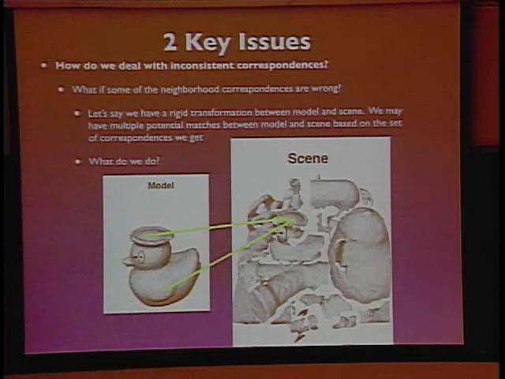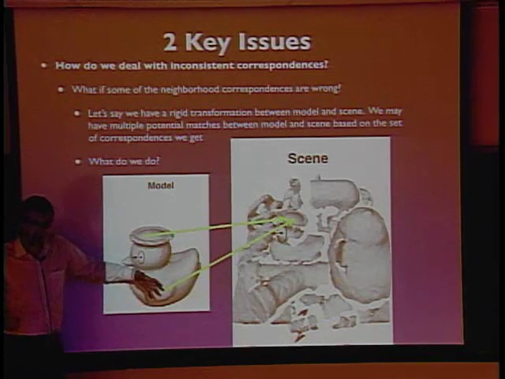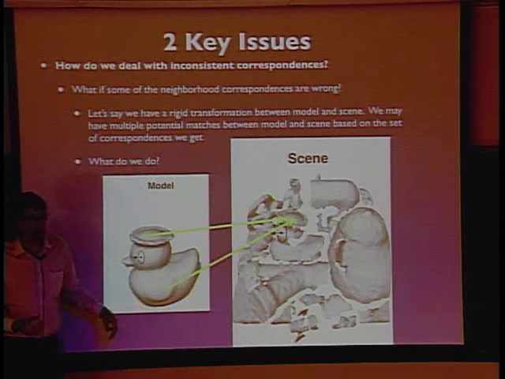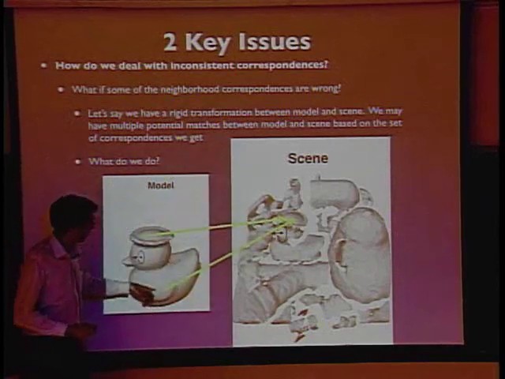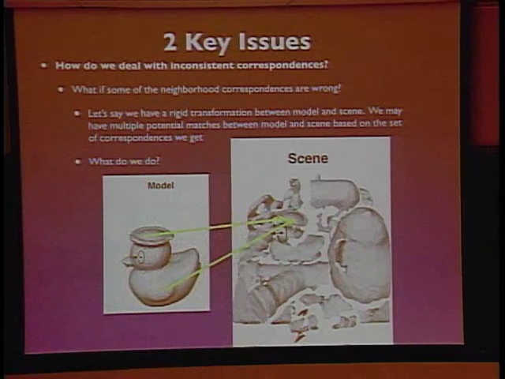And unfortunately, it turns out that on this particular object model, there are locations on this part that kind of shape-wise look a little bit similar to parts on the hat. So you could, in fact, end up, after you do all of these comparisons, with correspondences between here and here, and between here and here. So you have to resolve them. In other words, you have to partition them into groups of correspondences that collectively make sense. Because if you just take all of them and try to calculate a transformation between the model and the scene that satisfies all of them, you won't be able to.